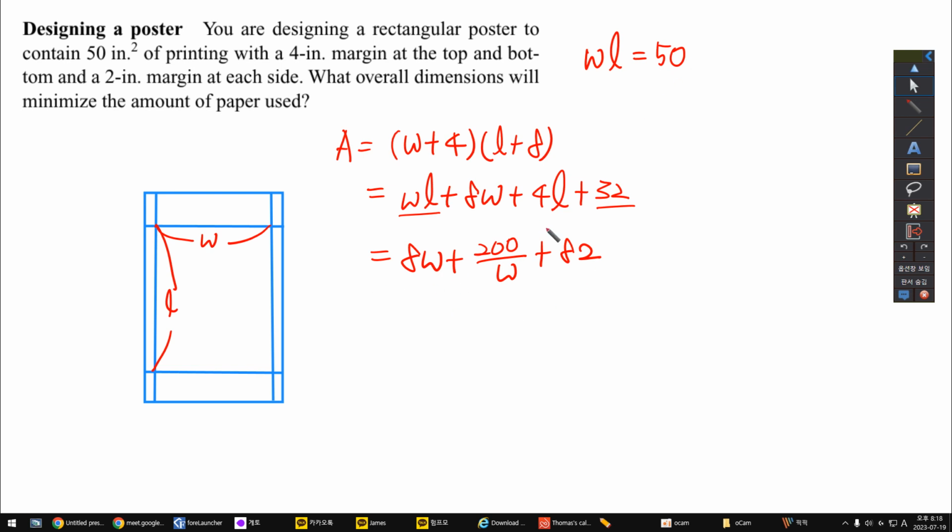And then if we make the derivative, so 8W is 8 when the derivative. What's the derivative of this second term? 200 over W. We just did a similar one like this. What's the derivative of this?